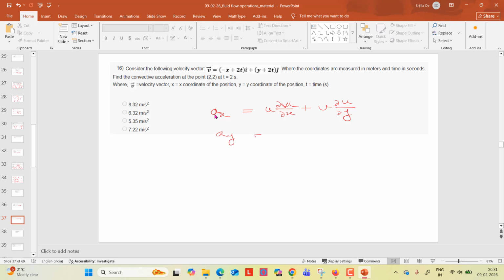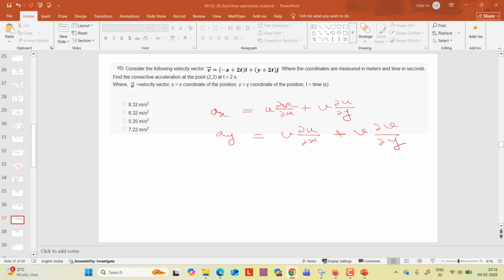Ay, as it is a 2D flow, is u del v del x plus v del v del y, right? So now you calculate.